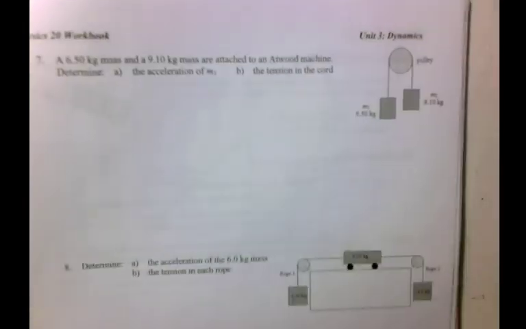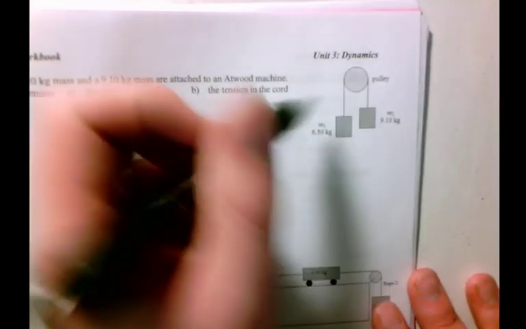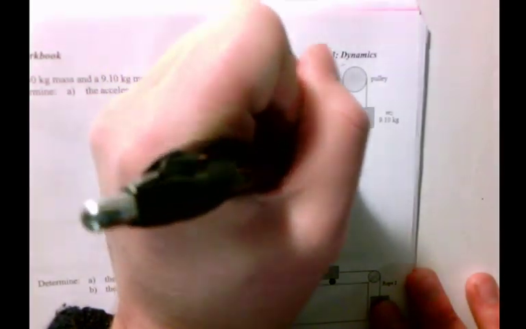Some of this homework is a little bit challenging, I will admit, but if we're just following those same steps, right, determining the acceleration of the entire system, right, for this example, we'd have to look at force of gravity 2, force of gravity 1. They give us the masses.